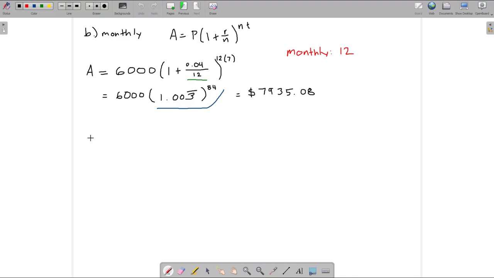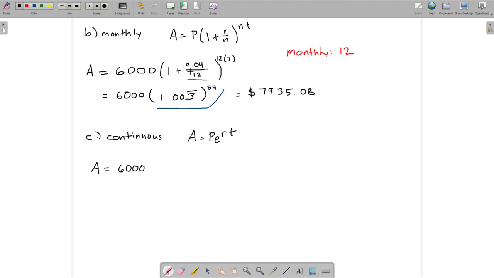So let's see what happens if we do continuous now. So continuous, I need to use my other equation, A equals P e to the rt. And your calculator should all have this e button somewhere on there. You'll just have to find it. So again, we're solving for A. We have the same initial investment of $6,000.